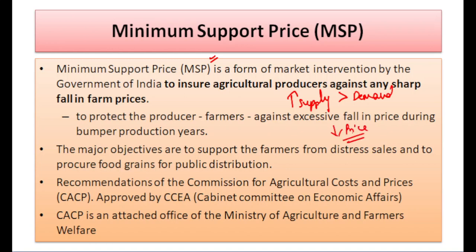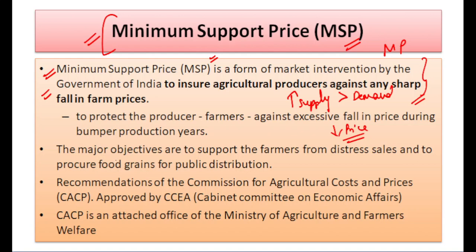In order to protect the farmers from excessive fall in the price during the bumper production year, every year the government announces a minimum support price, a basic minimum price at which the government would purchase the commodities from the farmers if the prices fall below this minimum support price. So whenever the market prices fall below this announced price, government would purchase at this price. That price is known as MSP.